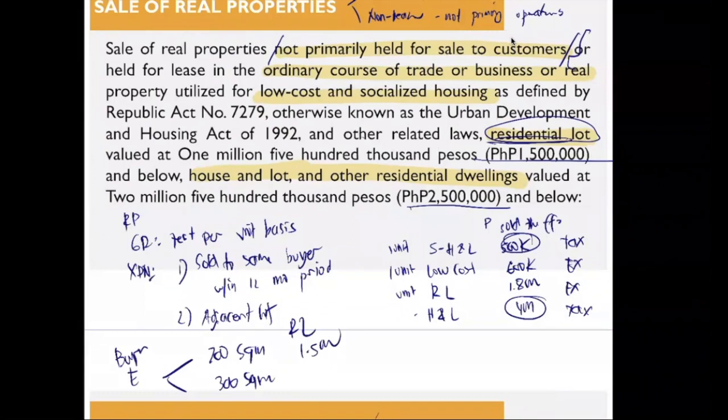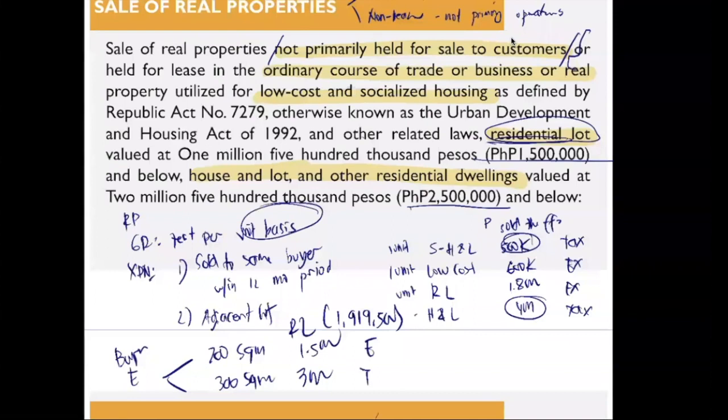And then 300 square meters residential lot for 3 million pesos. Okay, clear? Tapos, yung 300 square meters, 3 million. What is our limit for residential lot? 1,919,500. So kung ganyan yan, exempt to at saka taxable to. Okay? That is the rule.